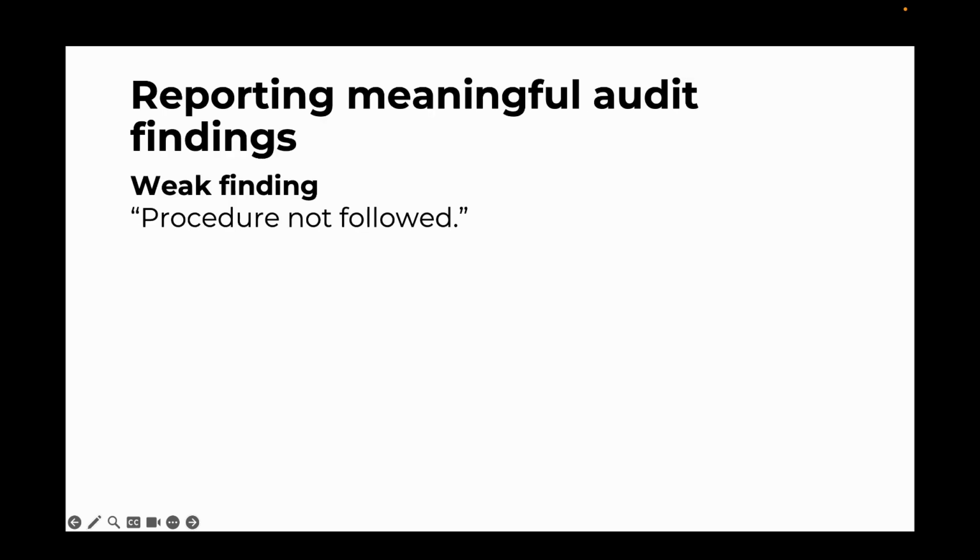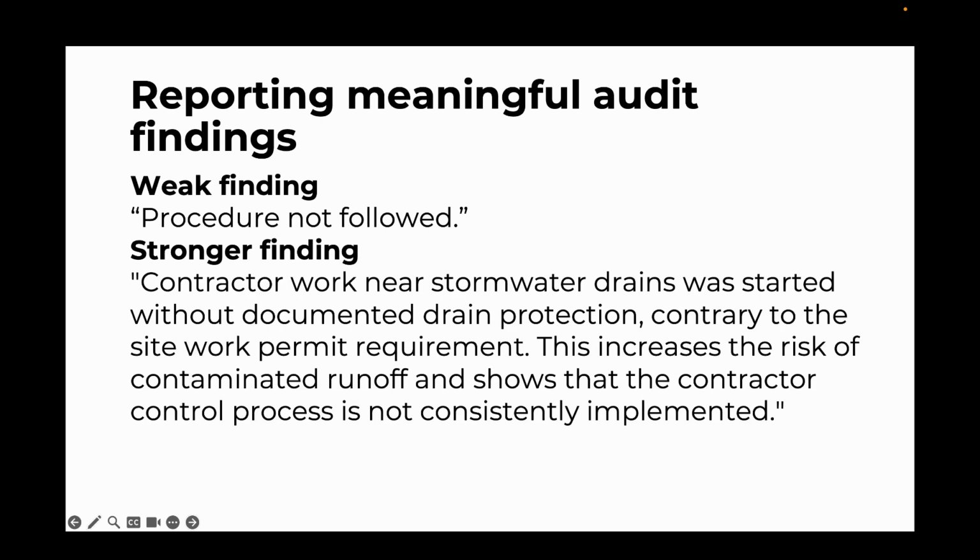Audit findings should help management make decisions. A weak finding says procedure not followed. That may be true, but it's not very helpful. A stronger finding says contractor work near stormwater drains was started without documented drain protection, contrary to the site work permit requirement.